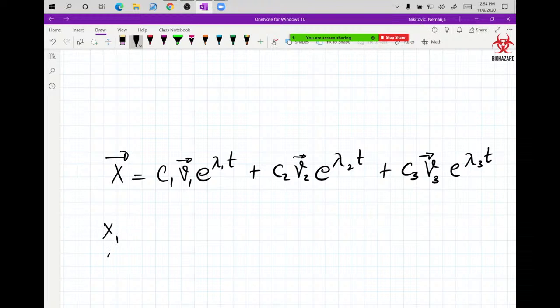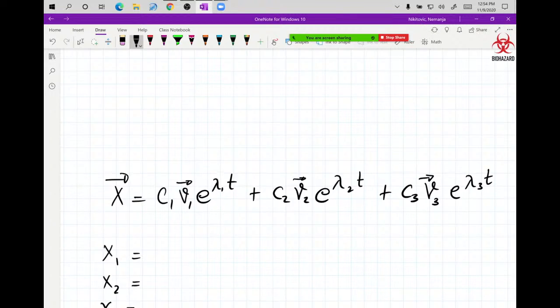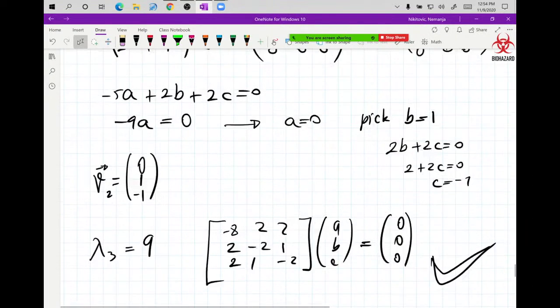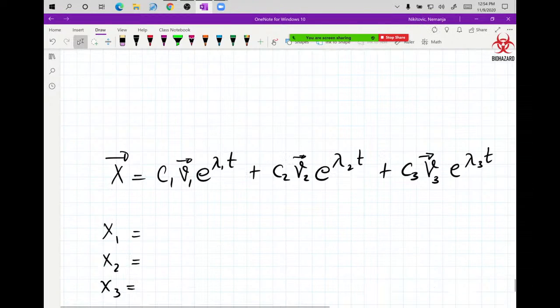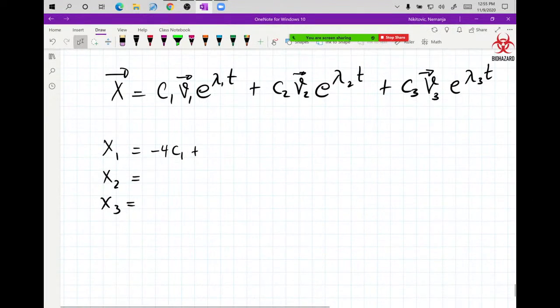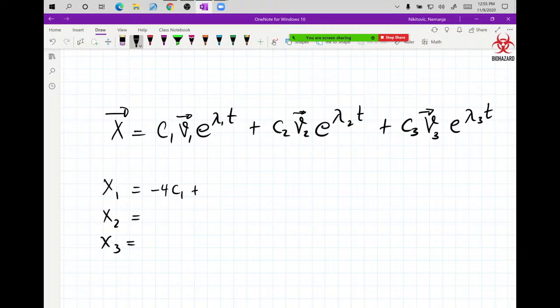When you write it out in x1, x2, x3, you get to write your, what was our v1? Negative 4, 1. So that's going to be negative 4 c1 e to the 0, right? So it doesn't show up because lambda 1 is 0. And then plus c2 had what as a? 0. So there is no term for c2 because of the v.